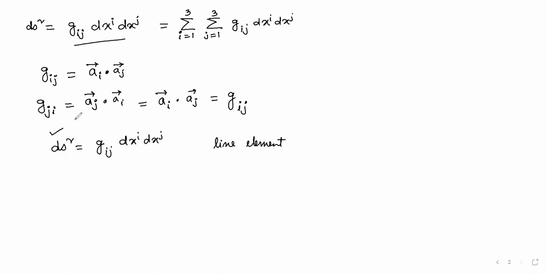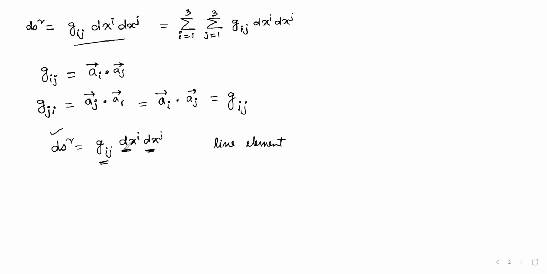Scalar means tensor of rank 0. So it is a tensor quantity. dxi is a contravariant vector. dxj is again a contravariant vector. So if we apply the quotient rule, then gij should be a tensor.